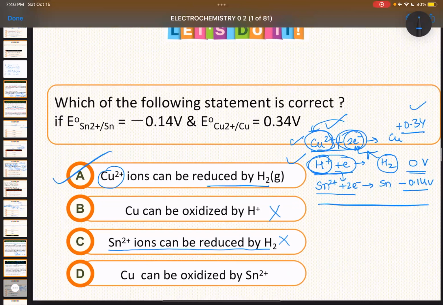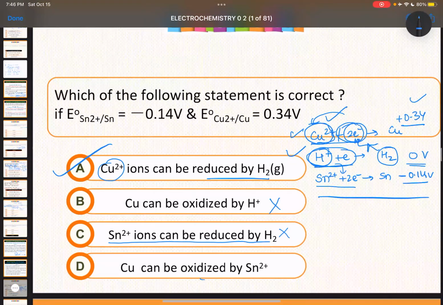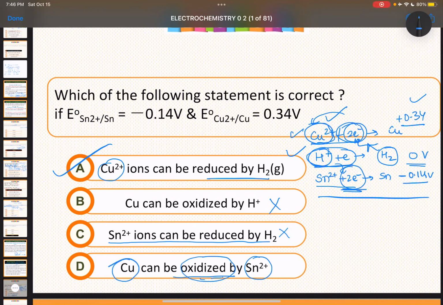Copper ion can be oxidized by tin, means the tin can oxidize copper. Oxidation means loss. Can Sn2+ bring in the loss of electrons from copper? No, because tin itself doesn't want to accept electrons.